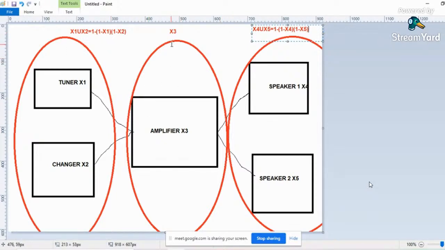So what will be the structure function? Can you say that? The entire structure function will be, what is that? Yeah, phi equal to phi of x1, x2, x3, x4, x5 equal to, what is that?